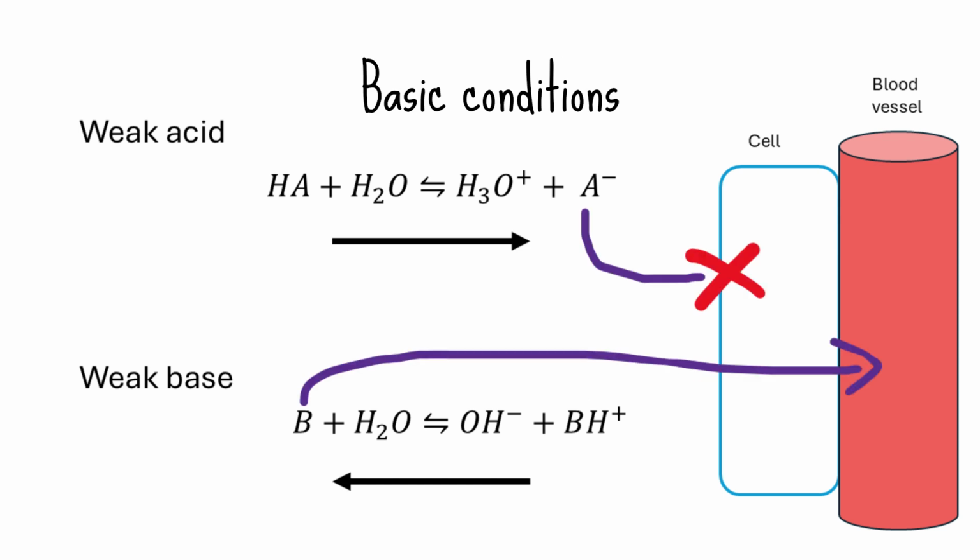In less acidic environments, such as the colon, which has a pH of 5.5 to 7, the extent of ionization of weak acids increases and less unionized drug is available to cross the cell membrane. However, the extent of ionization of weak bases is reduced and more unionized drug is available for absorption.